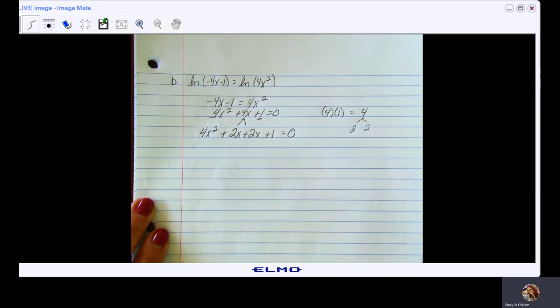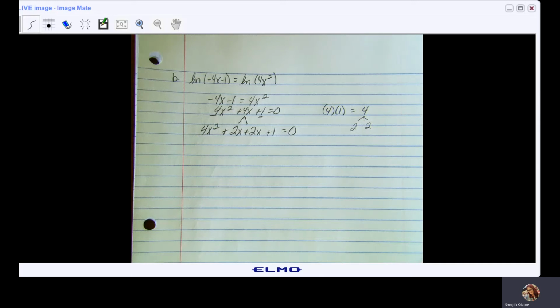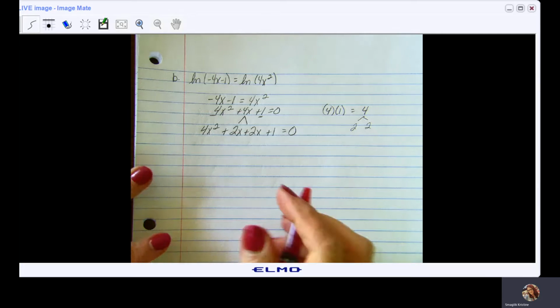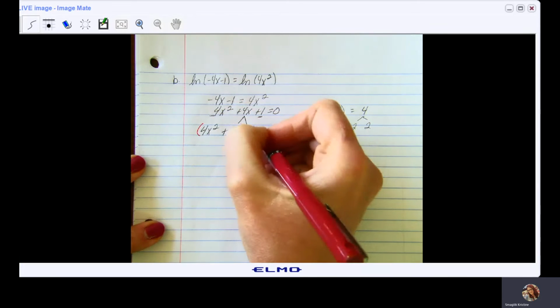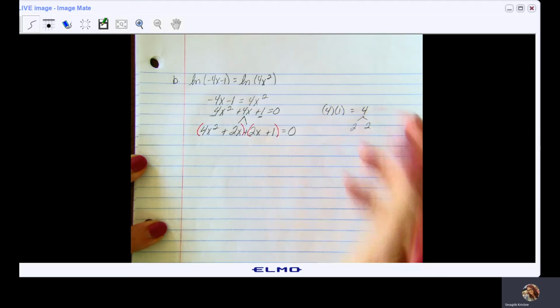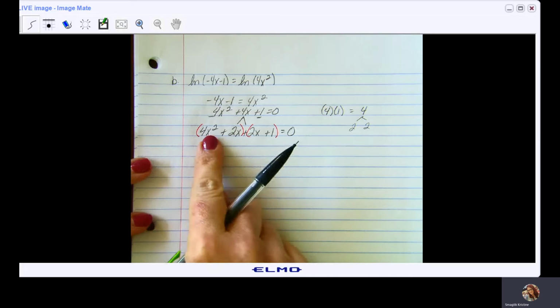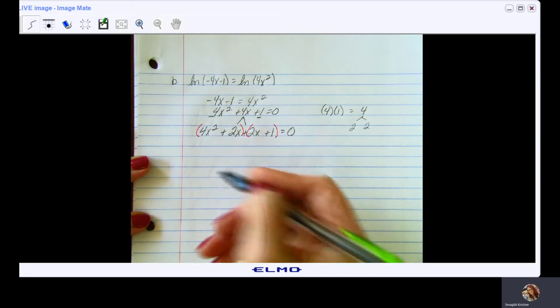So I have 4x squared plus, we're going to write 4x as 2x plus 2x, plus 1 equals 0. And now I'm going to group them and factor out a GCF. I have all plus signs, so I don't have to worry about making any sign errors. That's so nice. So I'm going to just group them right here. In my first binomial, I could factor out a 2x.